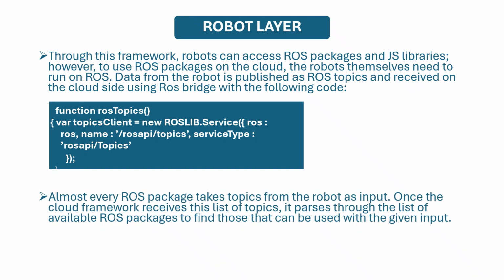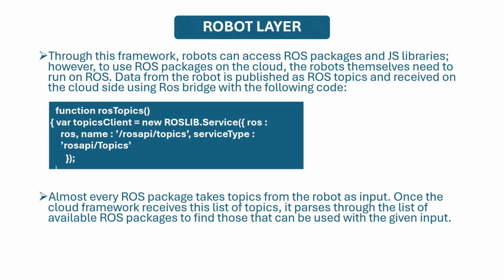Come to the next part, every ROS package. The ROS package is used to run the robots. So every Robot Operating System package takes topics only from the robots and the topics are entered in the form of an input signal as I have told you. So it receives a list of topics.